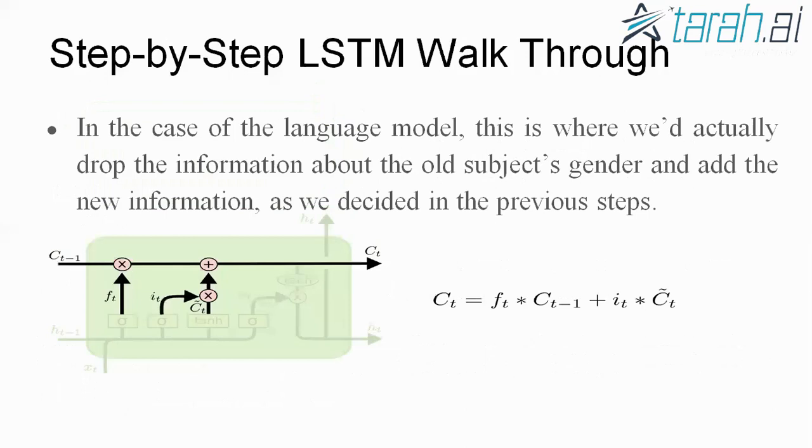So in the case of the language model, we would drop the old subject's gender and add the new gender, which is going to be the final cell state, depending upon the level of output of the forget gate and what incremental component of the input state you're going to add to it.